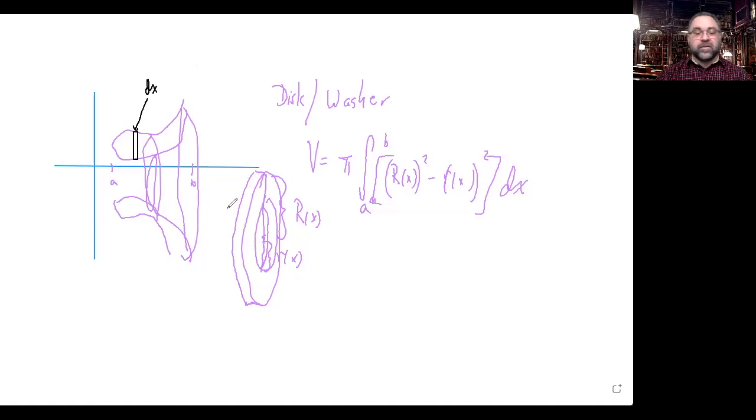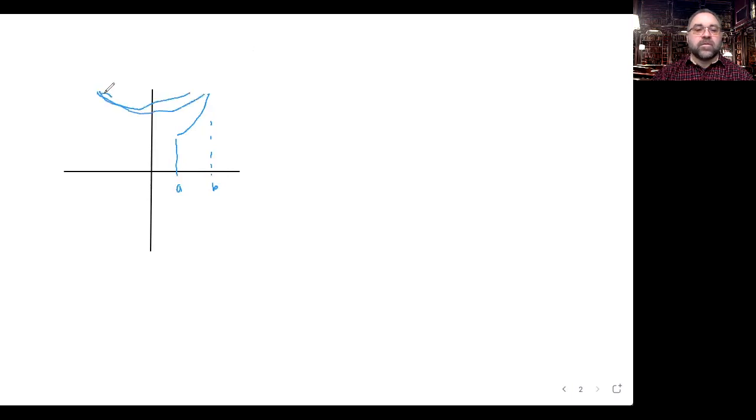Conversely, if the axis of revolution is a vertical axis, then you probably would switch to the shell method, unless there was some reason why the shell method wouldn't work. So when we have our function here, and we're going to revolve this from A to B around the y-axis now, like this.